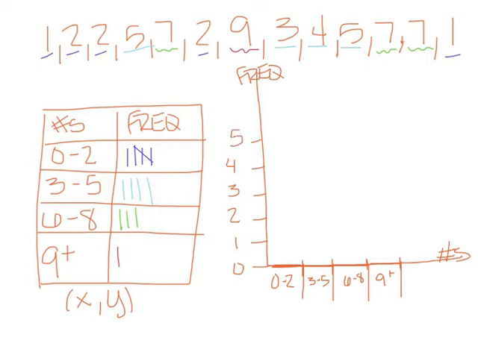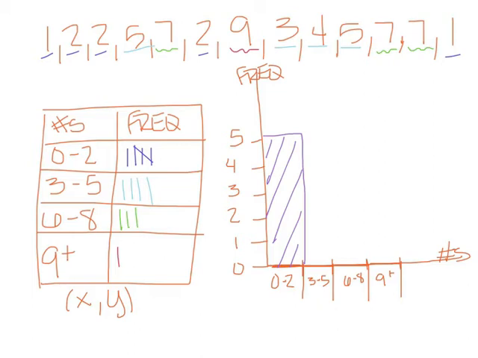So let's start first with our 0 to 2 values, and we had a frequency of 5. So 0 to 2, we're going to block this whole thing in. So the numbers between 0 and 2 occurred a frequency of 5 times.